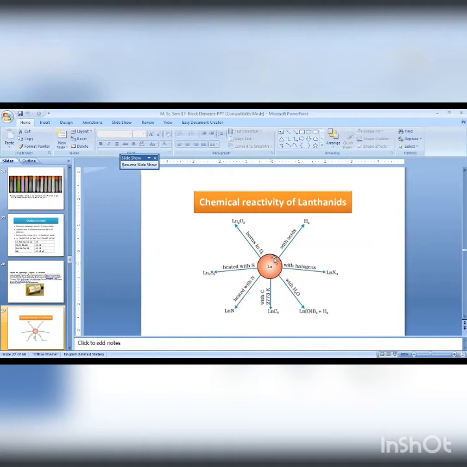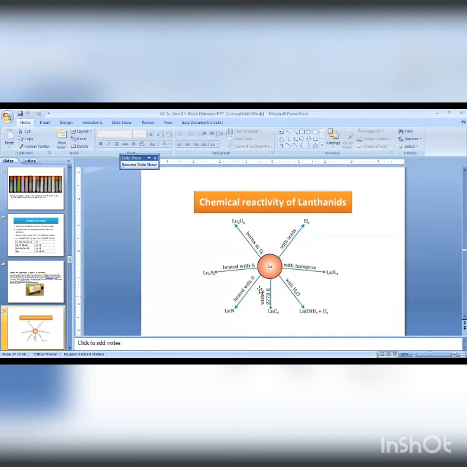Any of these lanthanide elements with acid can produce hydrogen gas. So if the lanthanide elements are treated with any dilute mineral acid, then always hydrogen gas is liberated. With halogens, for example HCl or HI or HBr, they can form the corresponding halides. Now, with water, they can form the corresponding hydroxide, and hydrogen gas is also liberated.